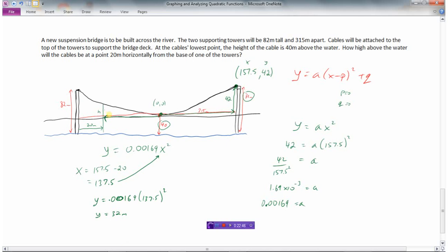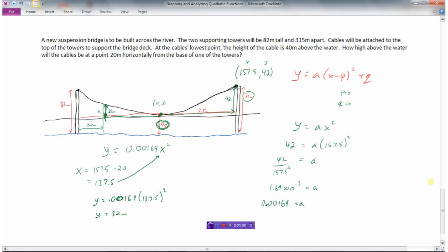So we've just found this distance right here. And the question wants how high above the water. Well, that's where we've got to add the extra 40 meters here, because that's how much the distance is below our vertex.